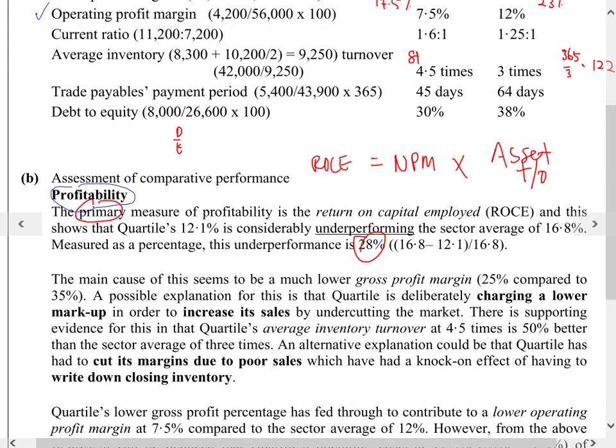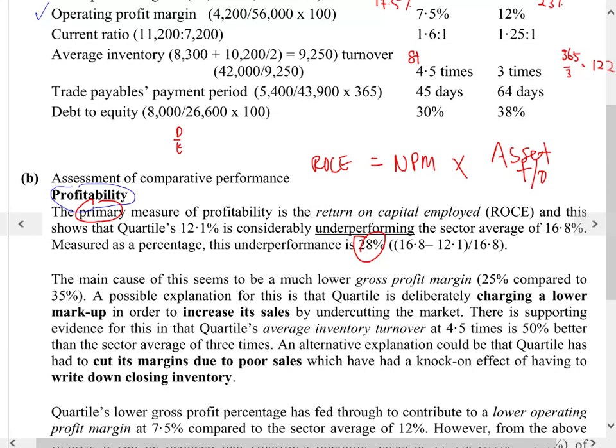Let's go through here. A possible explanation, again an assumption, is that Quartile is deliberately charging a lower markup, a lower selling price. Okay, you hit jackpot here, probably 1 mark. In order to increase sales by undercutting the market.